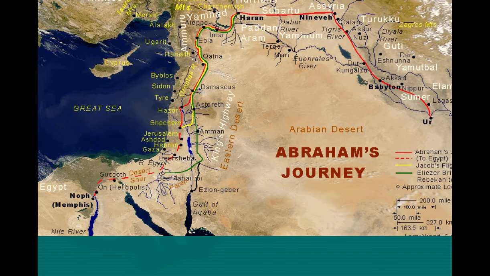Here is an example of Abraham's journey through the promised land, or to the promised land. And again, we have the city of Ur. If you know anything about geography and biblical geography, Ur is actually near modern day Baghdad in Iraq. This whole area here, these are the Tigris and Euphrates rivers.